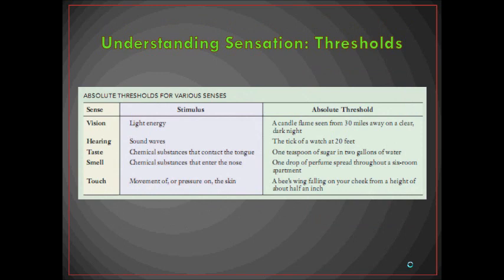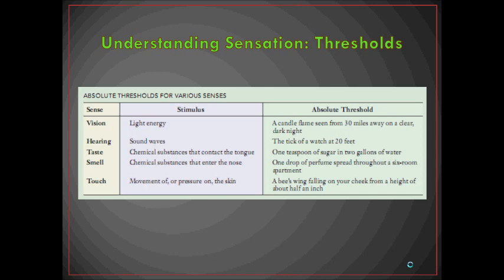So regarding thresholds, these are some interesting little tidbits of trivia. Regarding vision, the absolute threshold, again, the very lowest bit that the average person can begin to sense something, is a candle flame seen 30 miles away on a clear, dark night. So all other stimuli controlled, we have a very, very dark night.